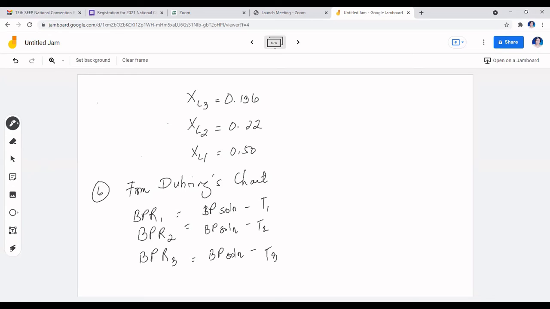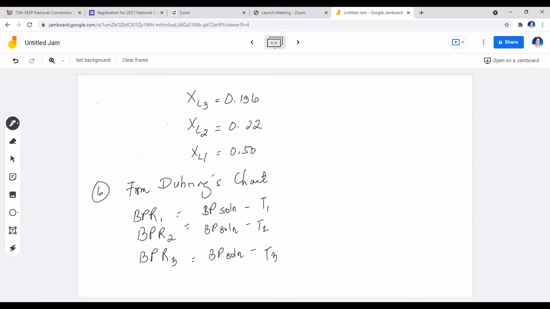Because class, the principle of boiling point rise is as we increase the solid content of our solution, it will not actually boil at its saturation temperature. It will boil at a much higher temperature due to the presence of those solids. So the increase in the boiling point due to the presence of these solids is our BPR.